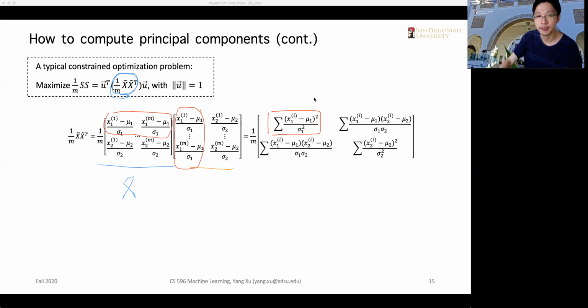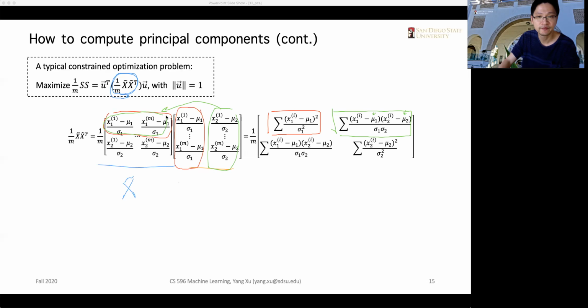So it's just a summation of squares. And if you look at the upper right term here, now it's a bit different. It is a summation of x1 minus the mean of the first feature, times x2 minus the mean of the second feature. So it's actually the second column conducting a dot product with the first column.